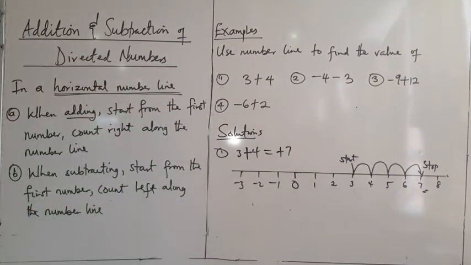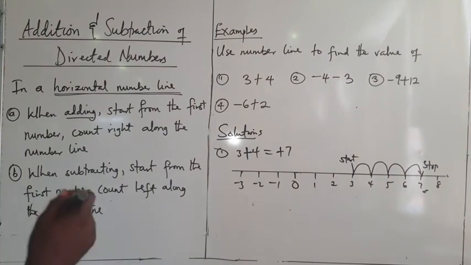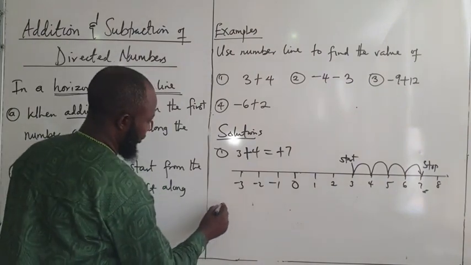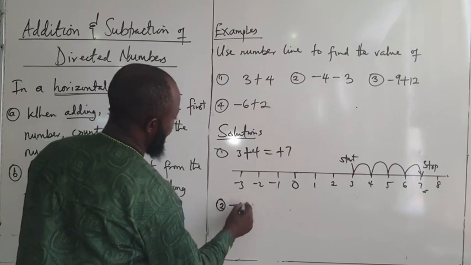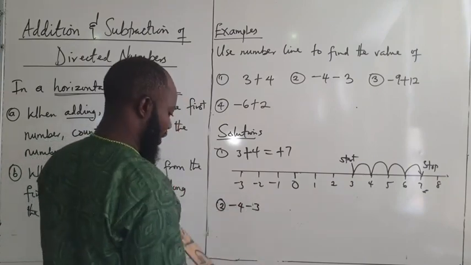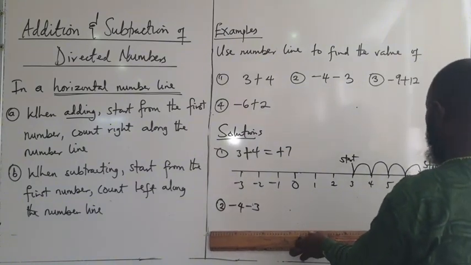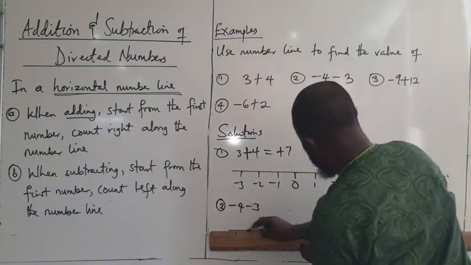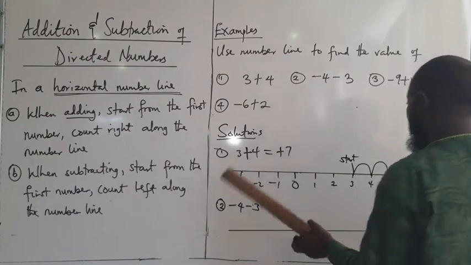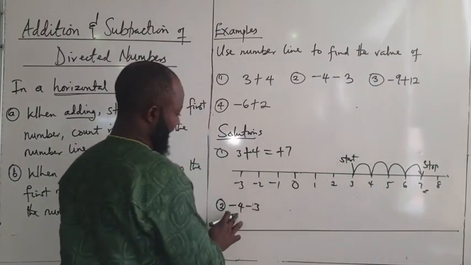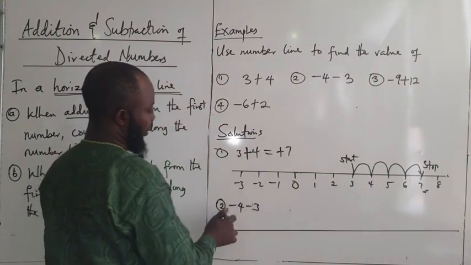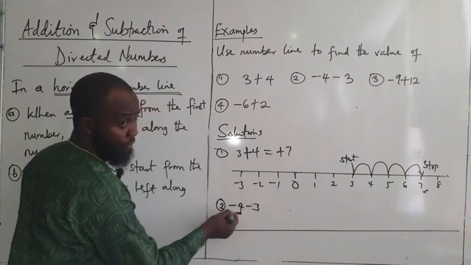Alright, so that is that on that one. Then for question number 2, we have minus 4, minus 3. So we also draw a number line. You can see this is minus 4, so we are starting from minus 4.